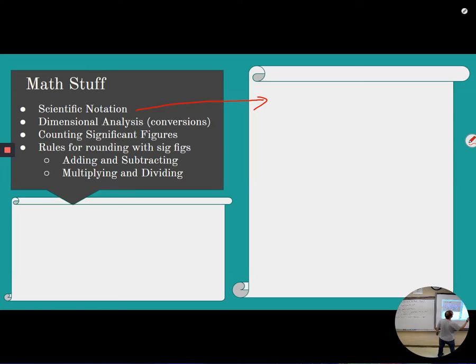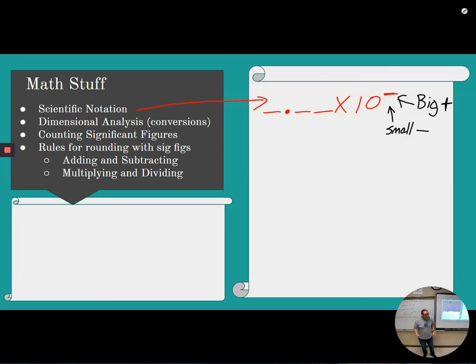Scientific notation has to be in a specific format. It is always going to be in the format digit, point, digit, times 10 to some kind of exponent. And that exponent, if it is a big number, is going to be positive. If it is a small number, it's going to be negative.